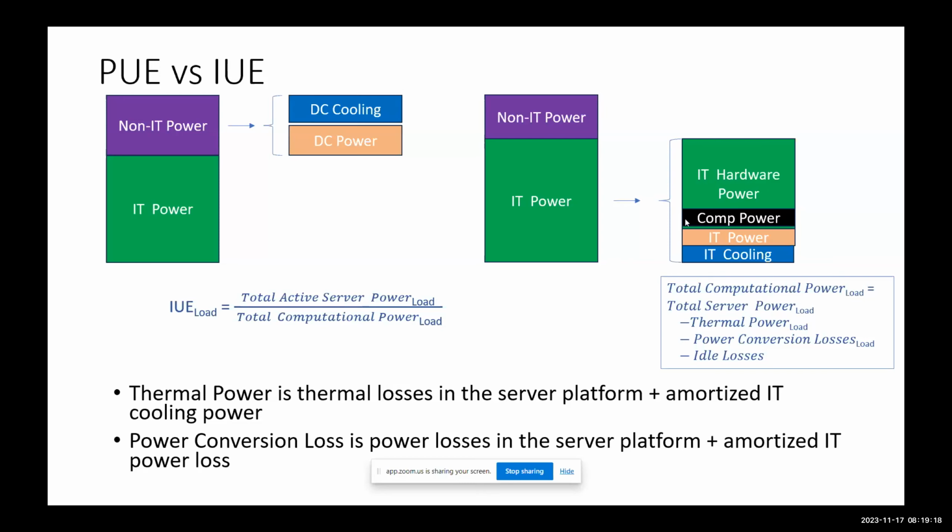But I can see a world where you have no fans because you're in immersion, let's say, or in a bus bar design where you're supplying the DC volts. So maybe your loss is like 1%. Now you're in a place where there are hardly any losses at an individual blade immersed in a tank level.